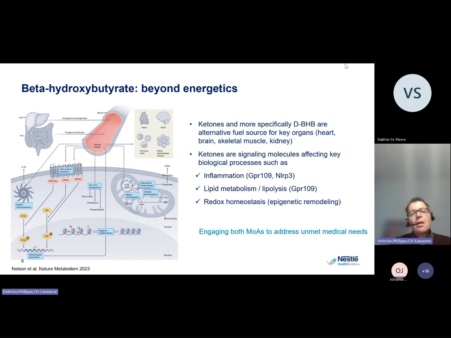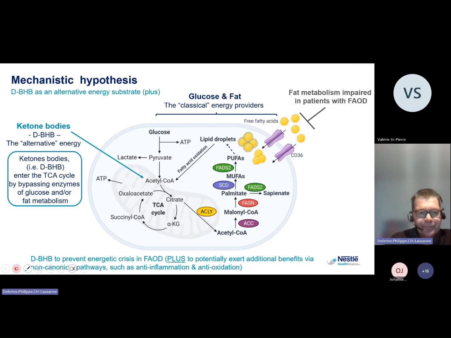So obviously, when we thought about the unmet medical need in FAOD, we thought that if we could engage both the energetic component and the mechanistic signaling pathways engaged by ketones, we could maybe address this unmet medical need. That led to the hypothesis that in FAOD we might be in a position to bypass the genetic defects by delivering a high dose of D-BHB in the bloodstream to key tissues, such as the heart and the muscle, but also other tissues including the brain, leading to acetyl-CoA production.